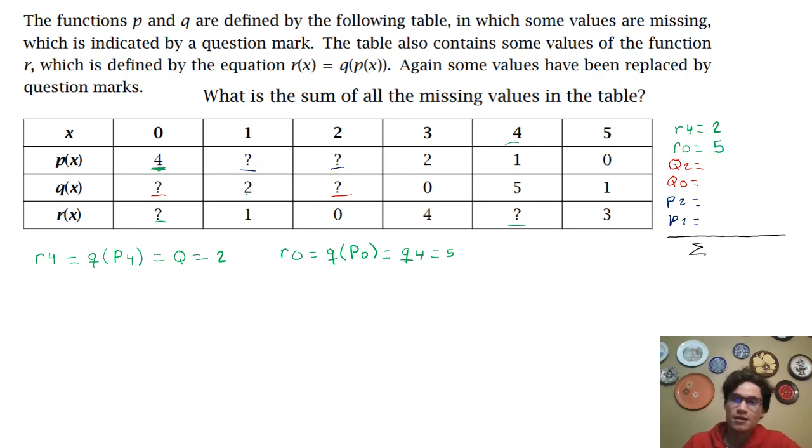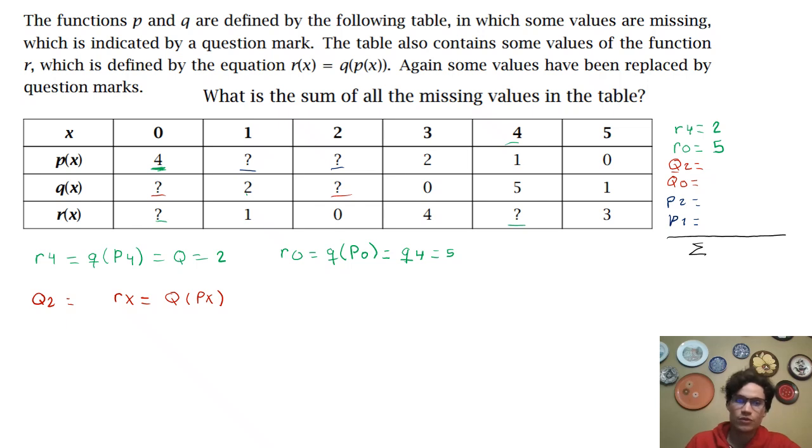Now let's find Q2. How do we find Q2? We can say that R of X is equal to Q of P of X. This is the general definition.